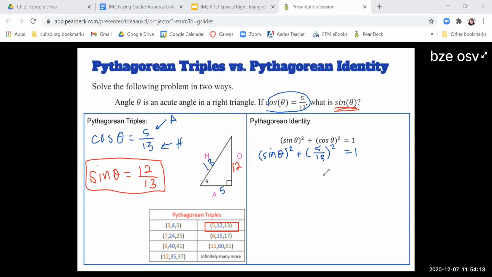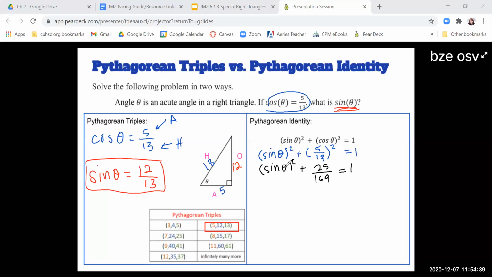And then I'm going to square my fraction. So I still have here sine of theta squared plus, square the top, square the bottom, that's 25 over 169, is equal to 1.